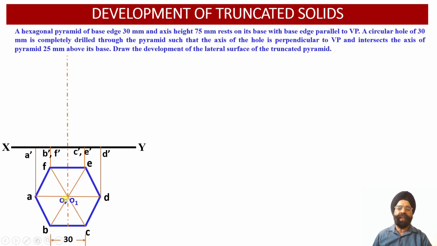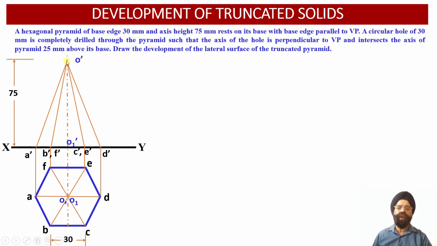So now we have obtained the axis O and O1. From the axis point of the top view, we have drawn the axis and projected it into the elevation view. We know that the height of the axis of this hexagonal pyramid is 75 mm. So the moment we mark this axis height of 75 mm in the elevation view, the apex point O dash will be appropriately located on the axis.